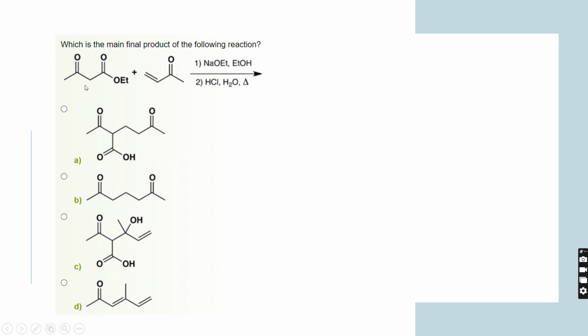Two types of acidic protons are present here. One is this way and the other is this way. And between these two centers where acidic protons are present, since sodium ethoxide is a base which is going to give you the thermodynamic enolate, like we discussed in the tutorial for enols and enolate, to get the thermodynamic enolate you have to abstract the proton from this center, isn't it?